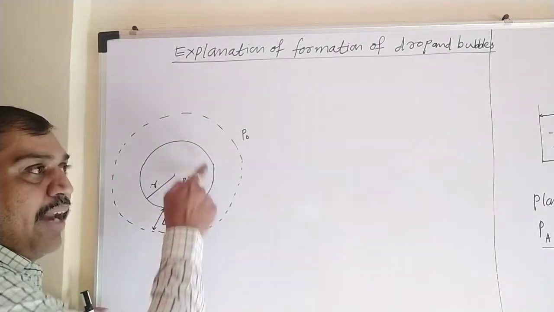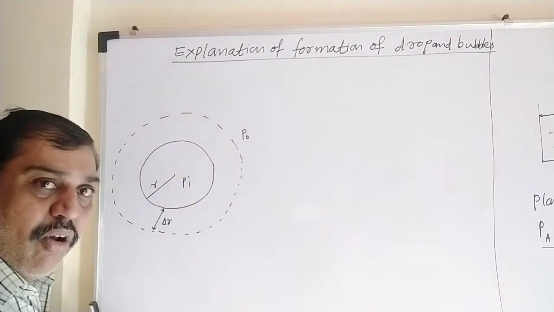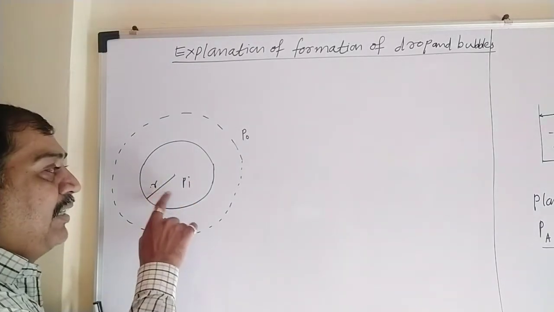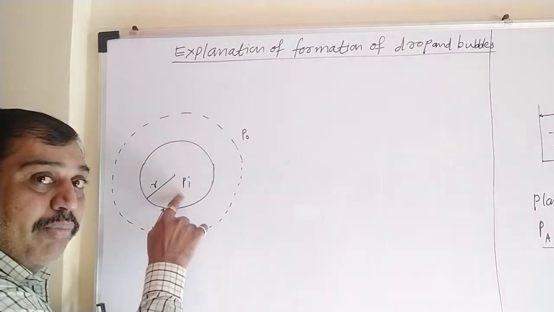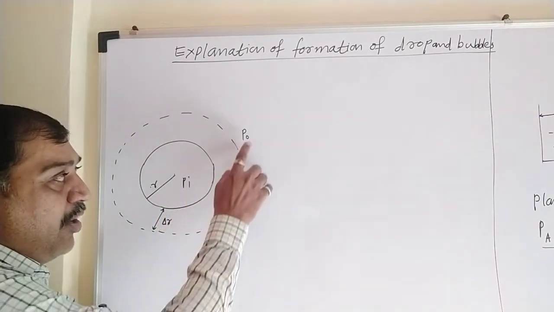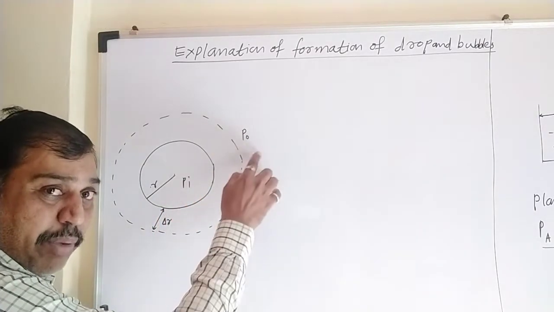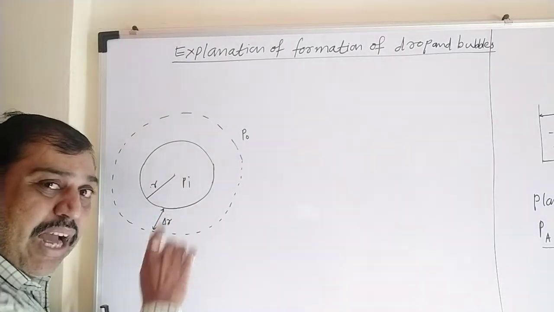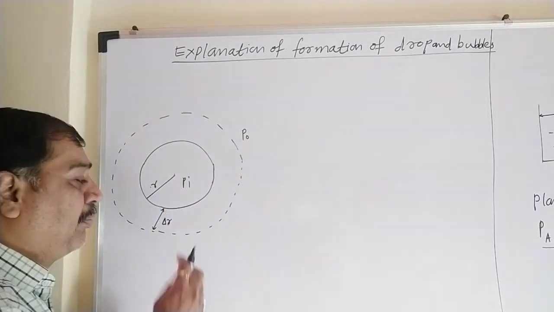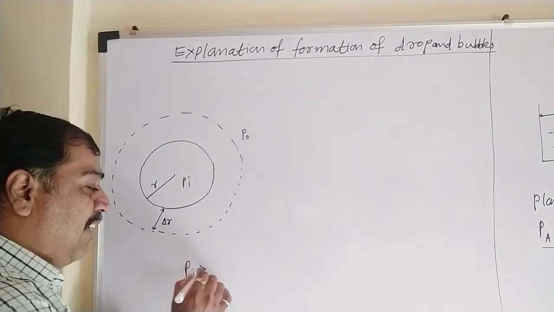The dark sphere we have drawn is a drop whose radius is r. Inside the drop the pressure is Pi, outside the drop the pressure is Po. We know that the inside pressure must be greater than the outside pressure. Why so?